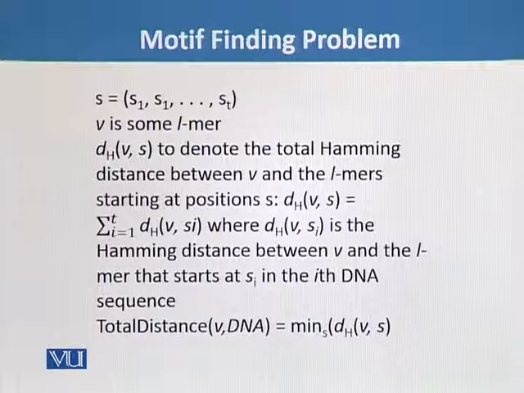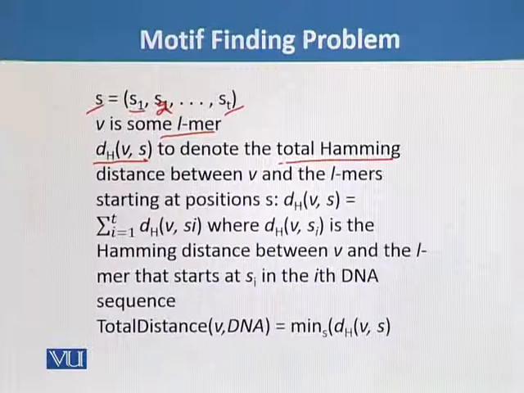Now suppose that S, the starting points of each of the DNA fragments S1, S2 to St, is an array of starting positions in the DNA sequences, and V is the element. We will modify this notation a little bit and use the Hamming distance d_H(V, s) to denote the total Hamming distance between V and the elements. We represent this after modification.